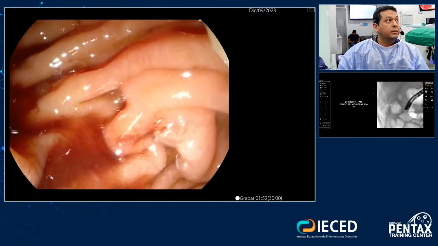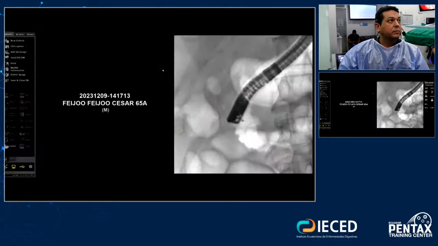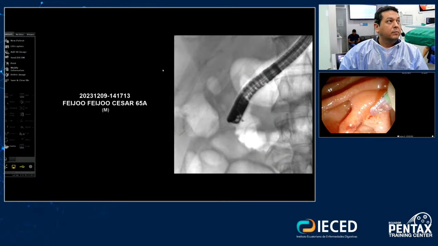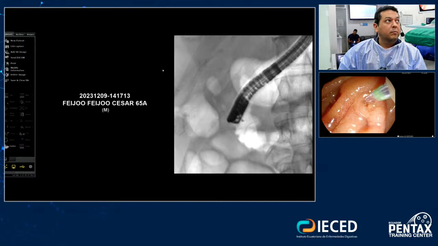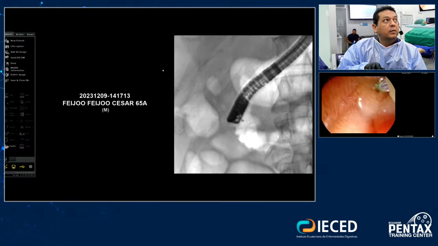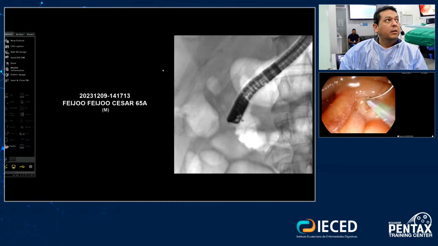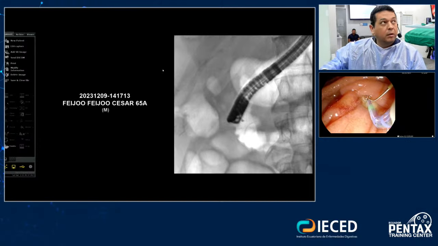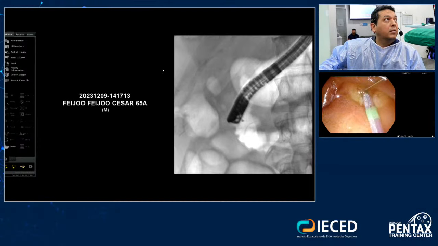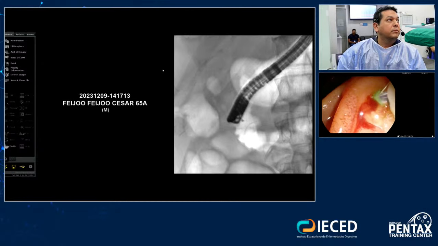I need the fluoroscopy images, no? So I believe I am inside now.